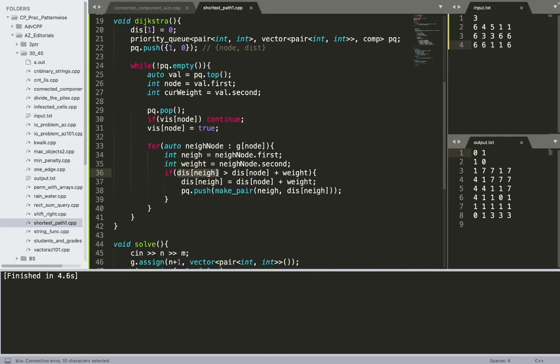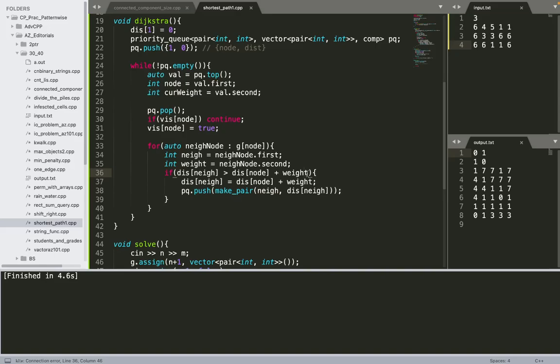So this is the distance up till I reach the node from the source, dist of node, and then we add the weight of the edge from node to neighbor, and we ask if this is strictly smaller than what we have achieved up till this point. If so, we can relax it. So we modify the distance, we relax it.